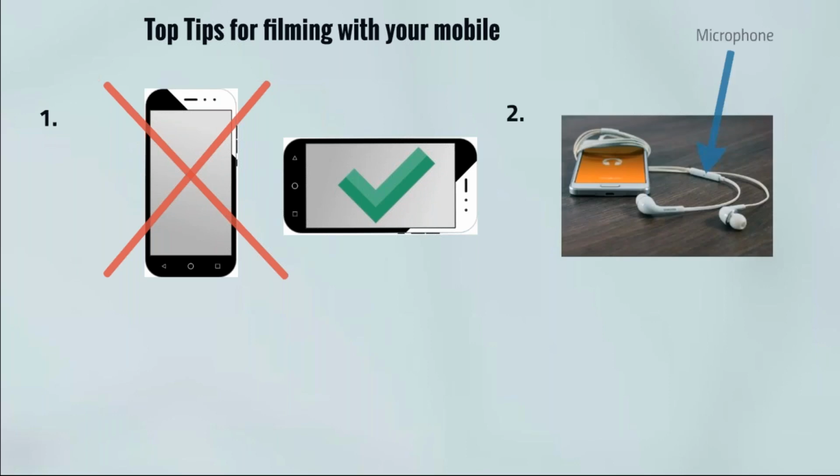Number two, something that some phones come with, some don't. You'll have a headset, and your headset will have a headphone and a microphone, and you can use the apps that we've suggested to download to tell the app where to record from. So you can say record from an external microphone.